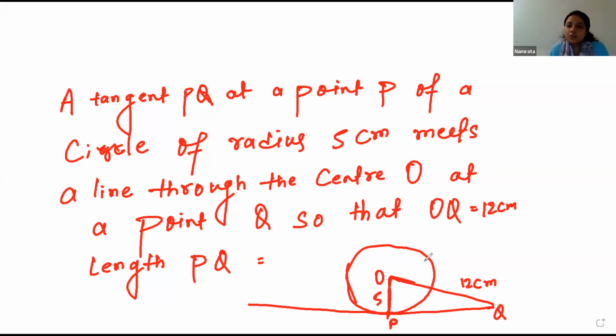Can you tell me how to find PQ? Anyone? Pythagoras theorem. Yes, by Pythagoras theorem we can use it over here. The theorem says hypotenuse square is equal to perpendicular square plus base square.